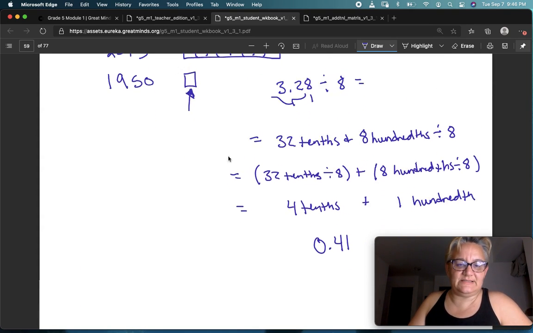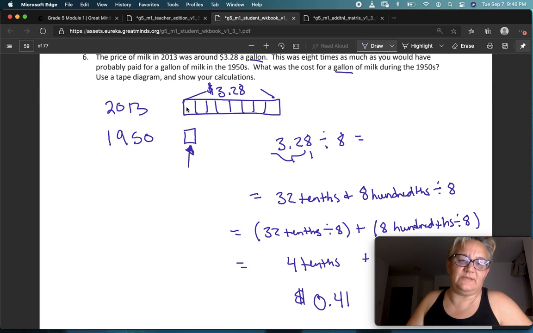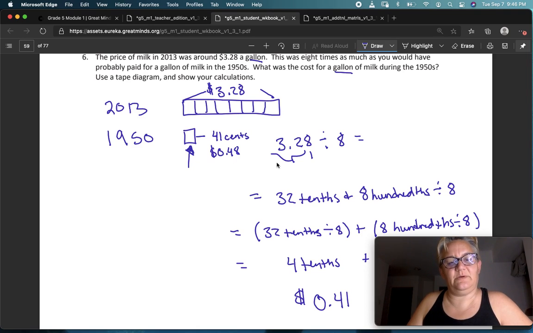So each of these, and this would be in dollars, each of these would be 41 cents. And if I had 8 of those, that would equal $3.28. That makes sense to me.